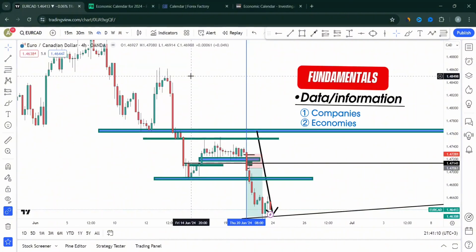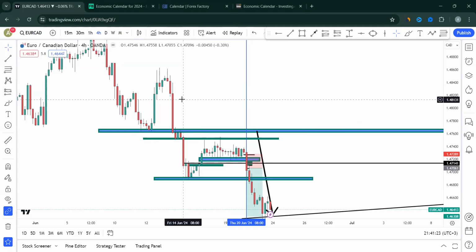We have German 30 or DAX 30. Those are what we call stock indices. Now, when you're trading stock indices, you need to understand the fundamentals that are coming out of the companies because it's the companies that make up these stock indices, right? So that's why I've mentioned economies and the stocks, right? So the news coming out of those companies, you must be able to understand them and interpret them, right?